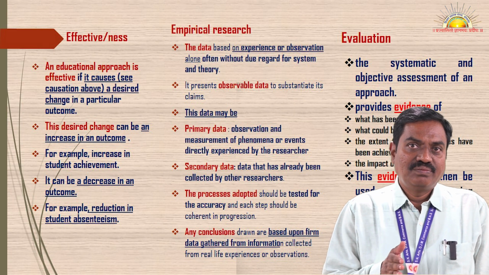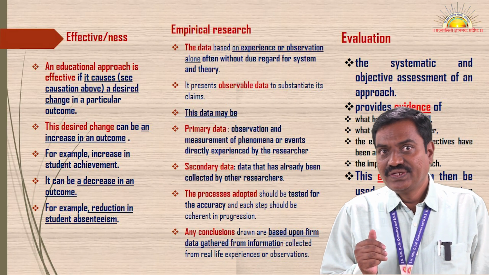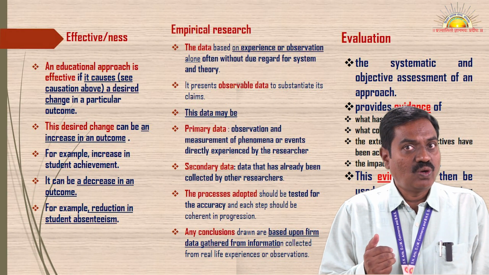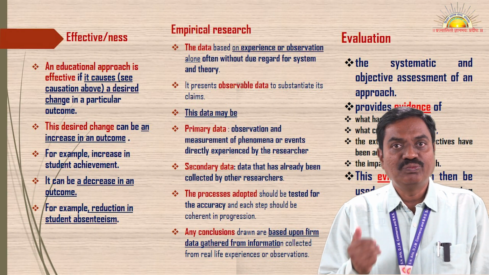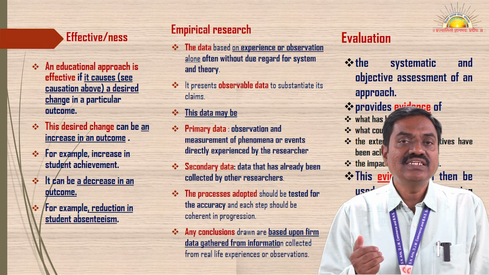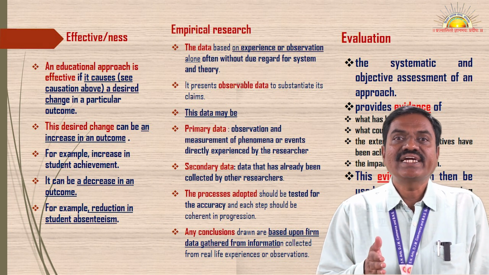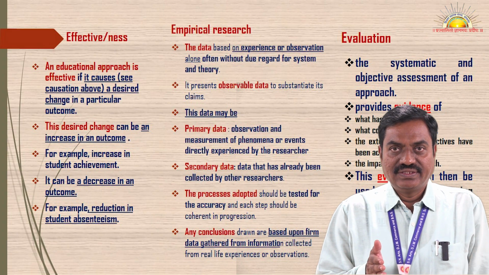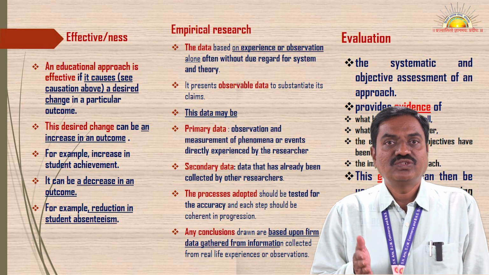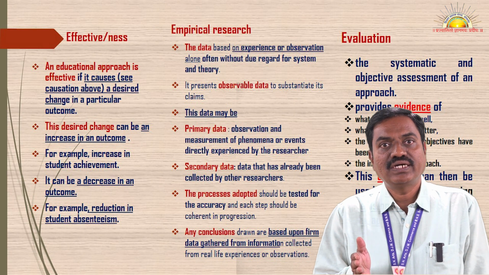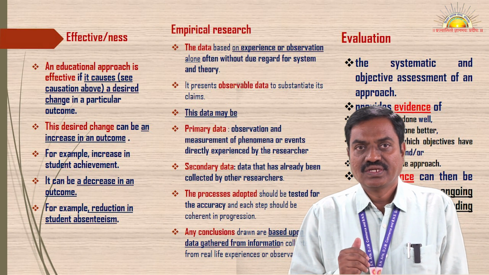This data may be primary, for example, observation and measurement of phenomena or events directly experienced by the researcher, or it can be secondary data, that is the data which has already been collected by other researchers.